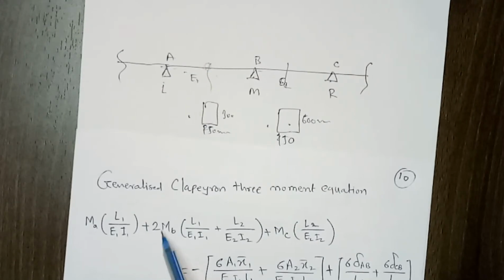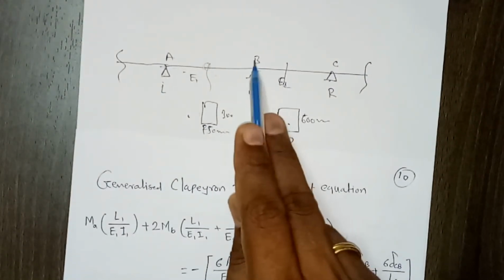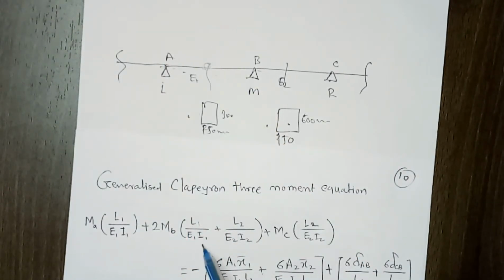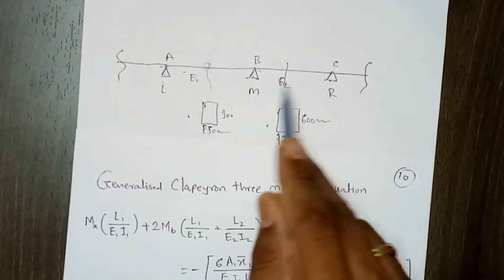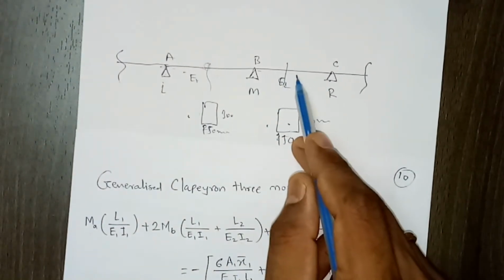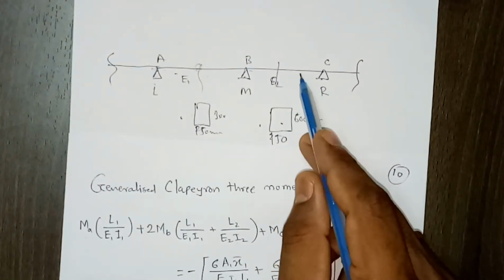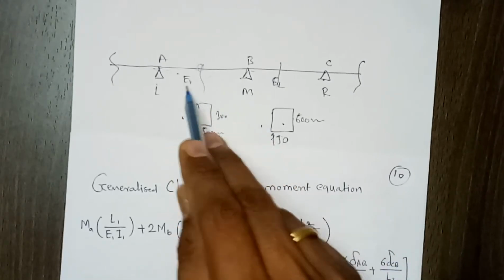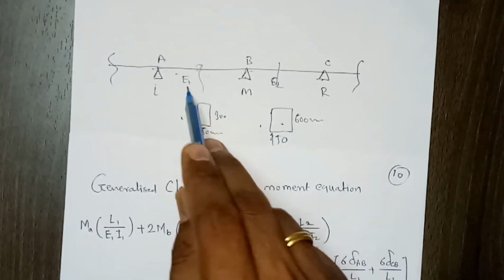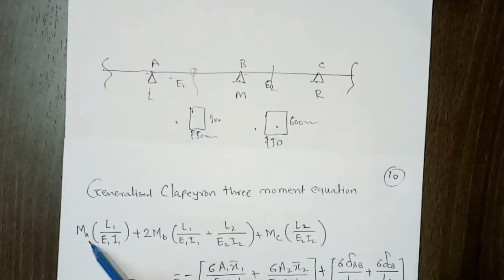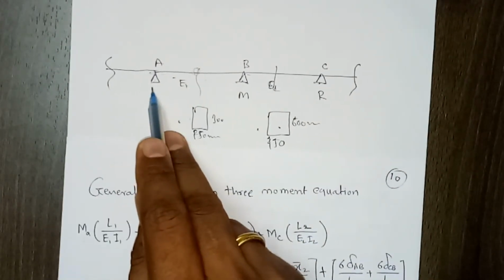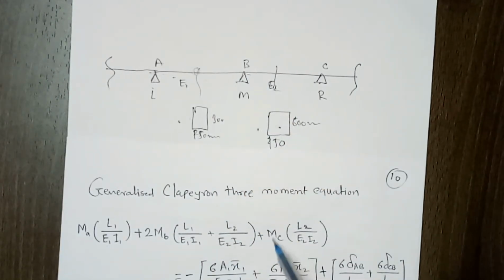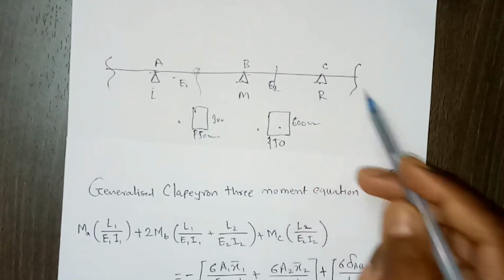Then 2 MB, MB is the moment at B point or mid support. Then L1, E1, I1 we already discussed. L2 is the length of the second span. E2 is the Young's modulus of the second span. Then I2 is the moment of inertia of this second span, or say right hand span. So left hand span, right hand span, or span number 1, span number 2. And MA corresponds to the bending moment at the left support, MB corresponds to the bending moment at the mid support, and MC corresponds to the bending moment at the right support.